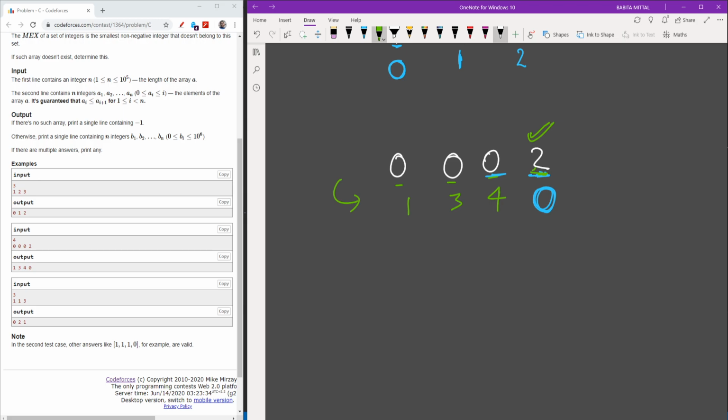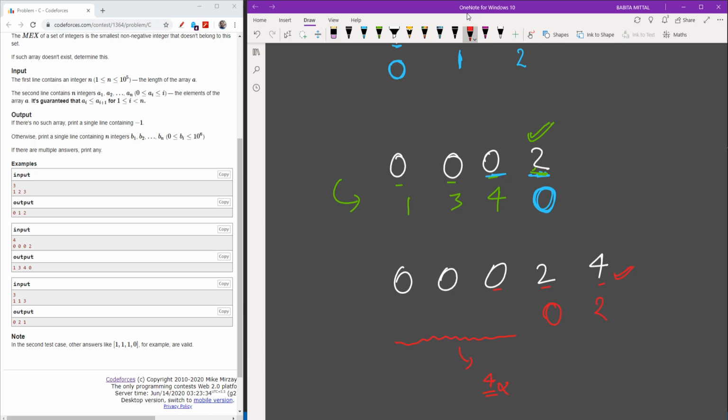So to make it more clear, let's take a bigger example of the same case. Suppose I had 0, 0, 0, 2 and 4. As you can clearly see that it is not equal, so 2 will be here. It is not equal, so 0 will be here. Now can I put 4 here anyways? You will say no, because 4 has already been there.